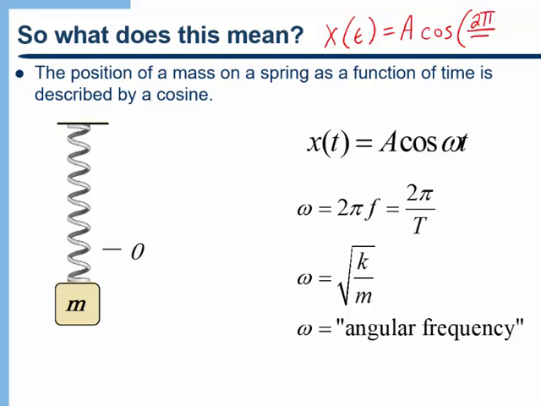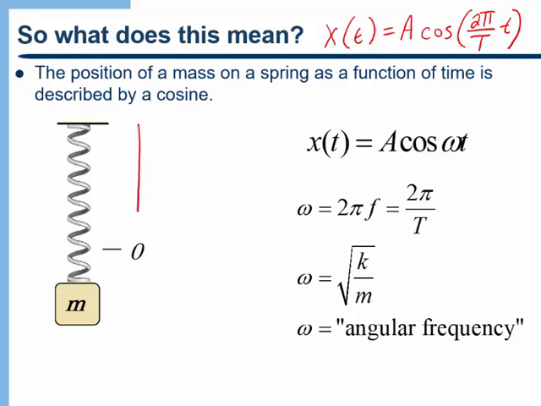So in this case, it's just the period capital T times our variable. So omega is just a shorthand. We call omega the angular frequency. And again, what we've said is that if this is going to be a solution, if this actually describes simple harmonic motion, then omega has to be equal to the square root of k over m.